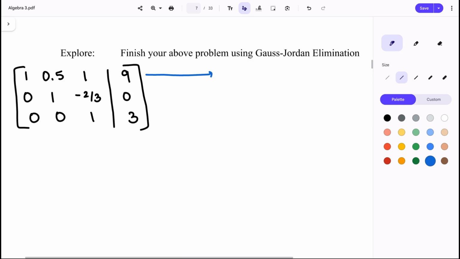I want a 0. Take what times? The 0.5, the top row times -2, and then add it to the second row. Would that make it 0? Yes. I would maybe try to do something here, only because I don't hate what you're saying, Tanner, but if you do that, it's going to change this from a 1, because this is now going to become a -2 plus 0 is -2. So it might be easier if we do that thinking here.